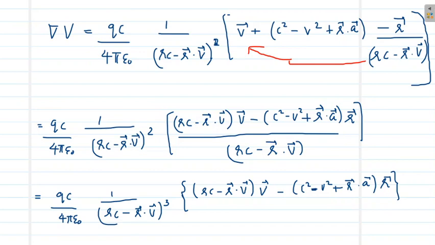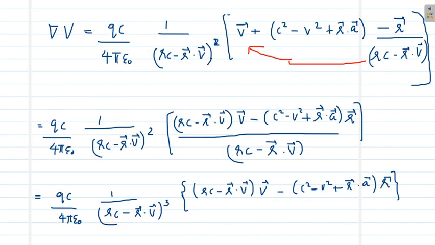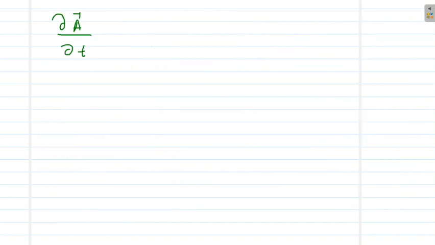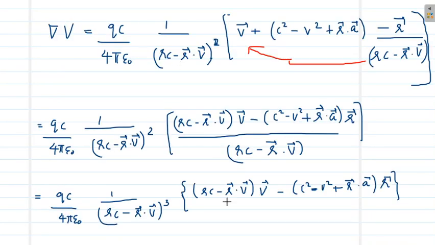In order to get the final equation for electric field, we have to find dou a bar by dou t as well. That is just another derivation in order to find dou a bar by dou t. So we will be skipping that part, and we are also taking the dou a bar by dou t equation as something that we already know, to reduce the length of this derivation.